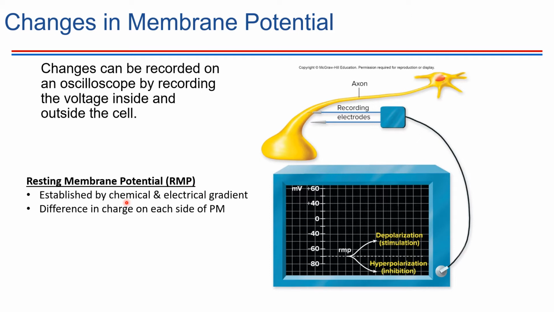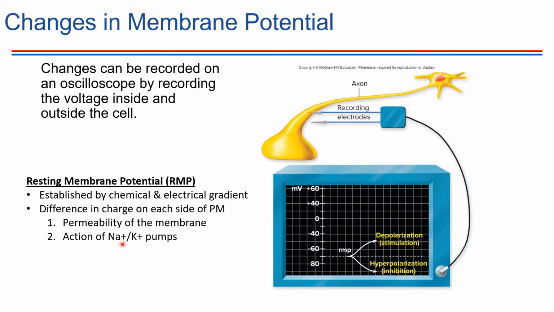And it's established by two different types of gradients. We're going to be looking at chemical gradients, and we're going to be looking at electrical gradients. There's a difference in charge, which we just said, between the inside and the outside, and that's determined by three different things. One is going to be the permeability of the membrane, how easy it is for those ions to be going in and out of that membrane.